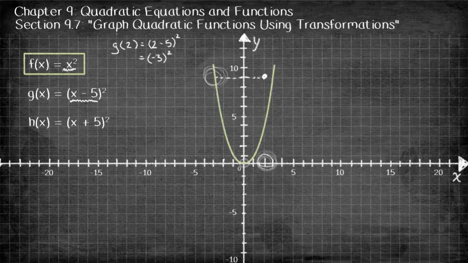And if we look at g of 5, then g of 5 here would have the same x value as f of x equals x squared at 0, which means we're taking that value and moving it over there.